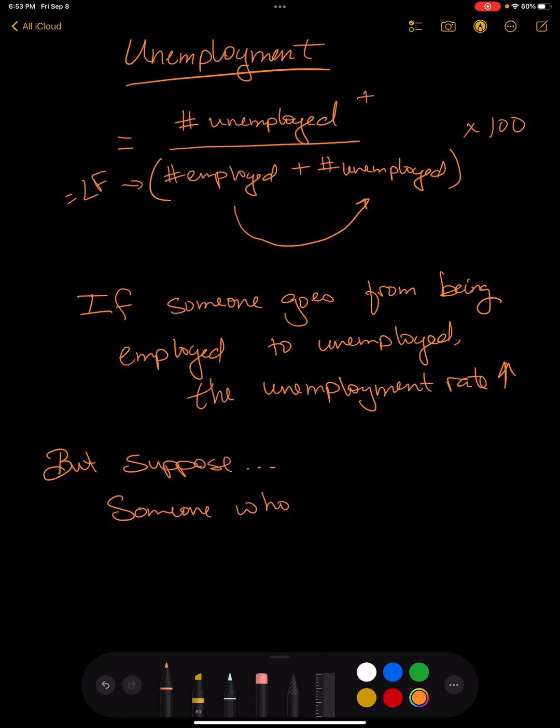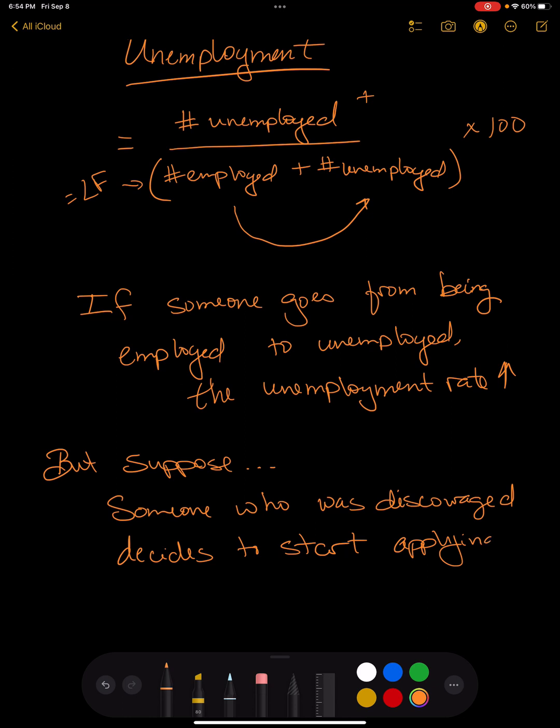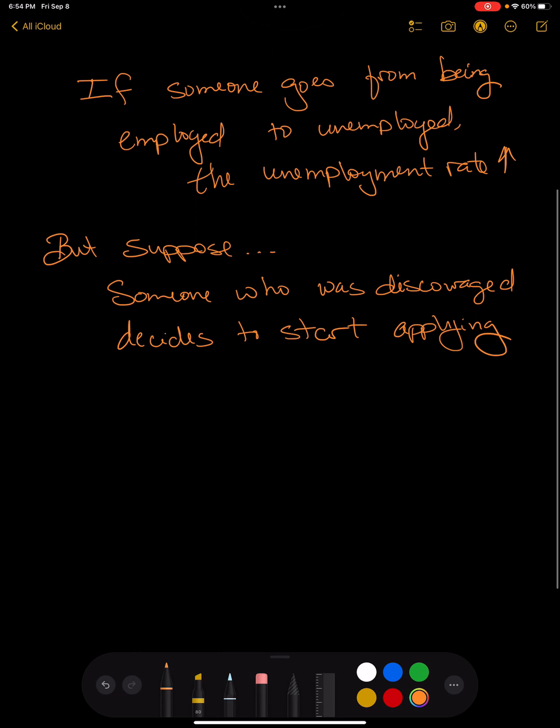So someone who was discouraged gets some hope. Something's changed. A new plant is opening in town. Someone who was discouraged decides to start applying. And again, this can happen when you've got a new plant, a new facility. Maybe somebody moves from one community to another. Or maybe they went and got their CDL license to drive a truck or something of that nature. So somebody who was discouraged decides to start applying.